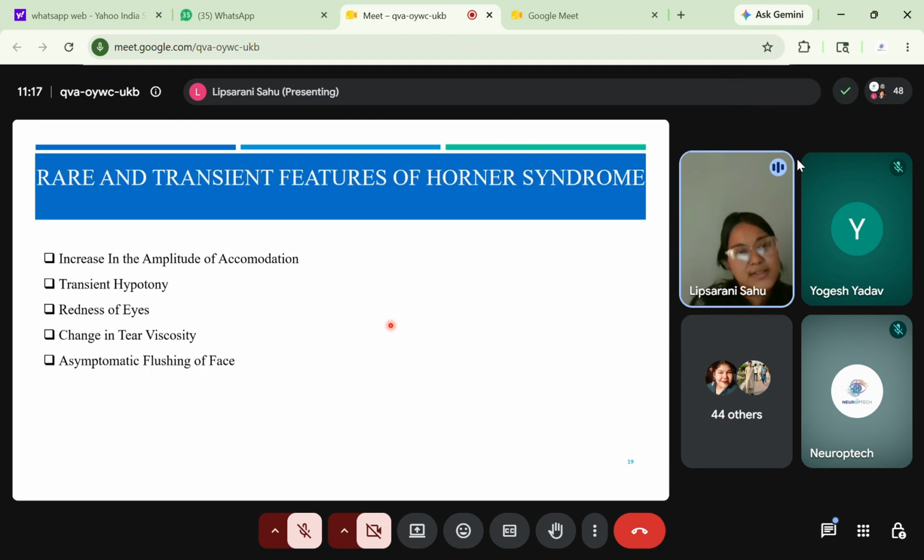Let's see the rare and transient features of Horner syndrome: an increase in accommodation and transient hypotony, which is a decrease in intraocular pressure. Some patients come with redness of the eye with ptosis, miosis, and anhidrosis, and also change in tear viscosity and asymptomatic flushing of the face.